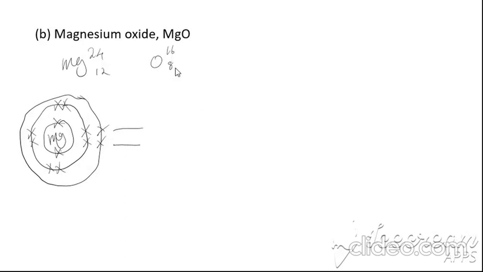So let me show for oxygen. So oxygen, the symbol O, and then I'm going to differentiate by the dots. So from 8 I subtract to remain with what? 6. Remain with 6. So 2, 4, 6. Have you seen? So oxygen is a non-metal. So oxygen should gain how many electrons? 2 electrons.